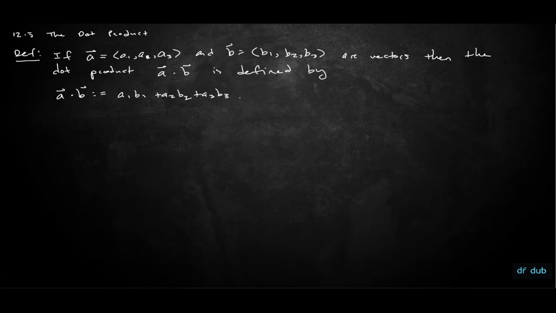So you just multiply the corresponding components and then add them all together. And this actually works in any dimension, 2 dimension, 3 dimension, n dimensions. You can just multiply the corresponding components of the vectors and add them together.